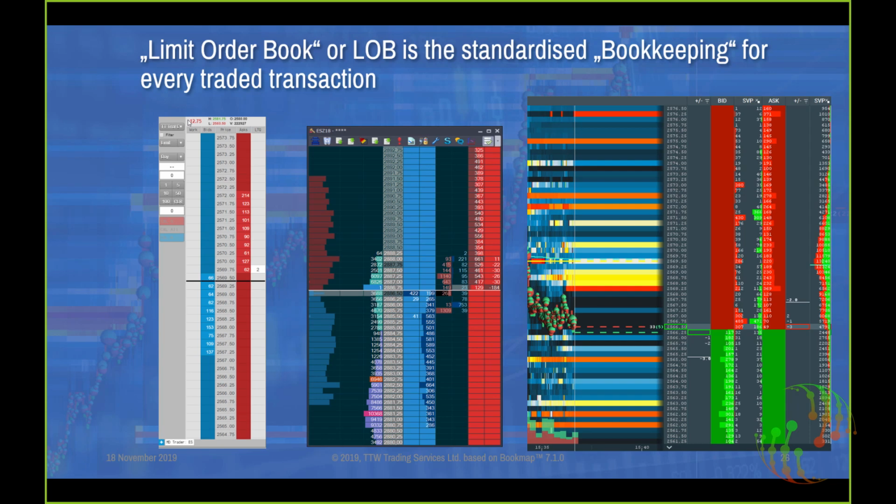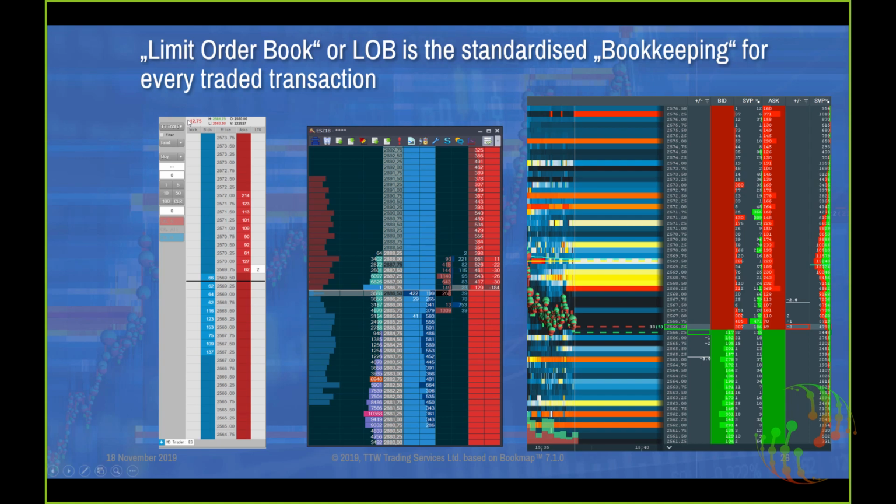This order book describes the quantities that are available for purchase or sale, purchase here, sale here, at each specific price.